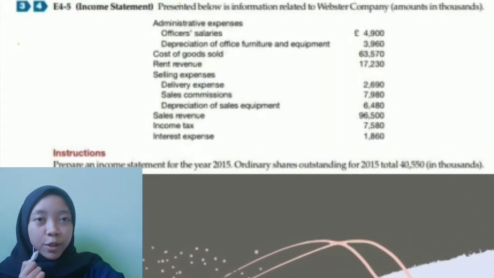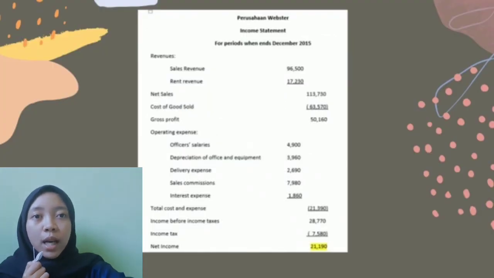Thanks for the opportunity. Here, I will explain exercise 4.5. In this description from the question, several accounts are included in the income statement, which are grouped directly into revenue and which are included in expense.